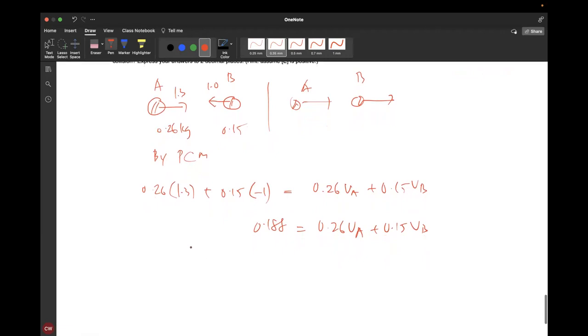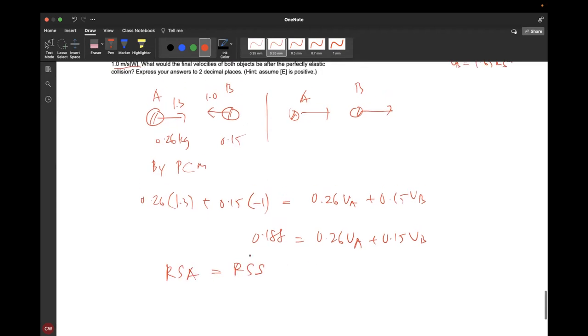Second one, you have to use relative speed of approach equal to relative speed of separation.